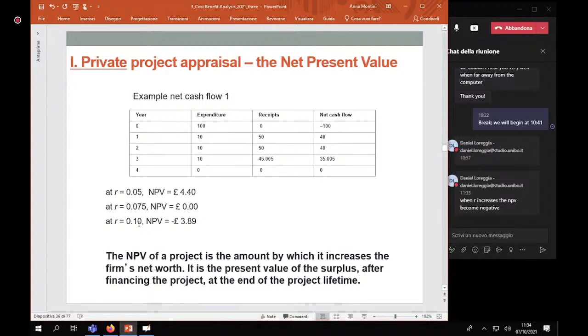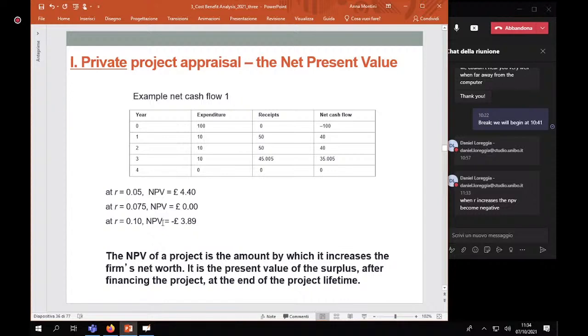But if you decide for a discount rate that is the double of the first one, your net present value test will give you a negative value. And the negative value is not good to go. A negative value tells you that the project is not so good.